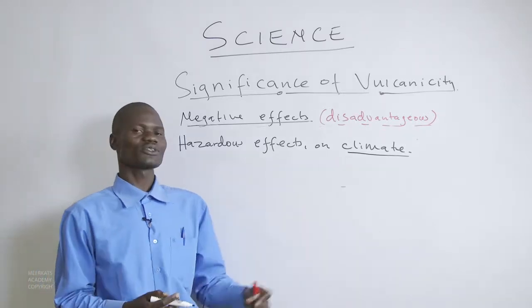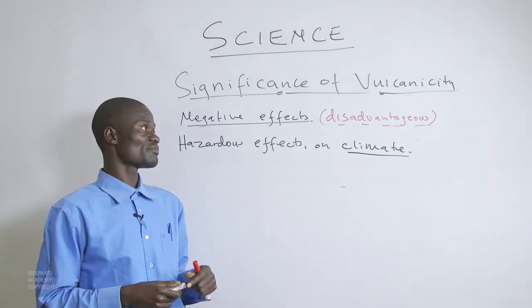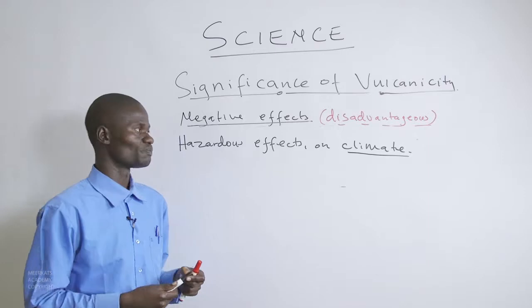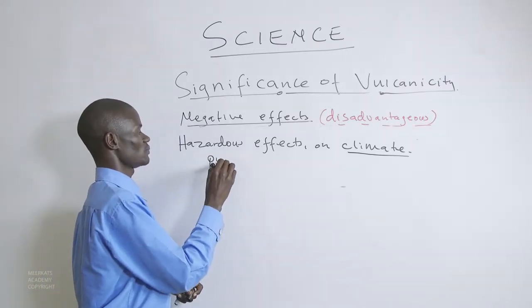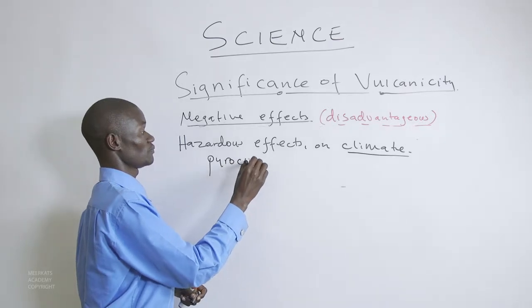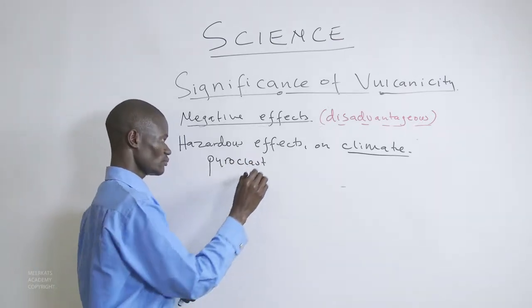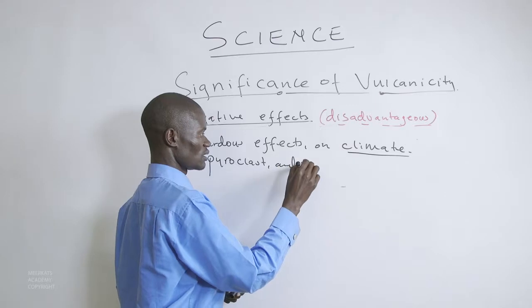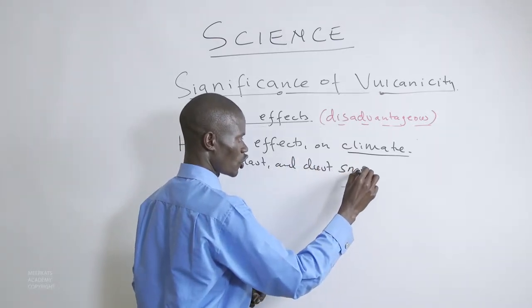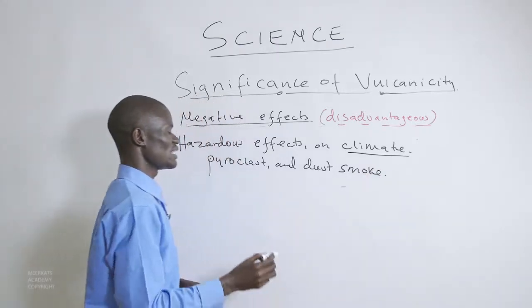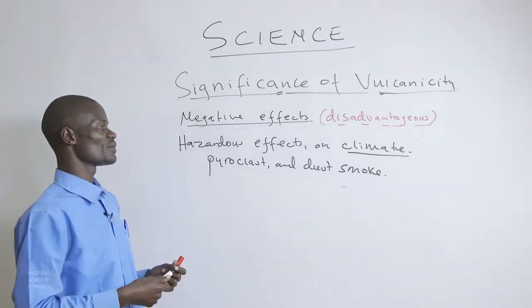But how can climate also be affected by volcanic eruption? You will find that the pyroclast, which is made up of dust and smoke, is found in plenty in the atmosphere.